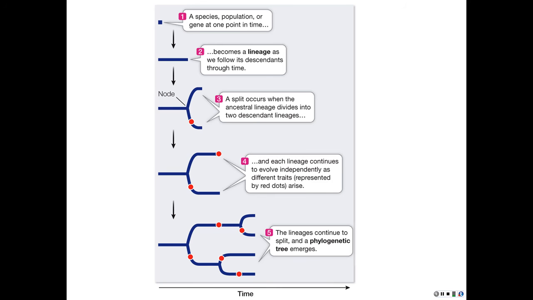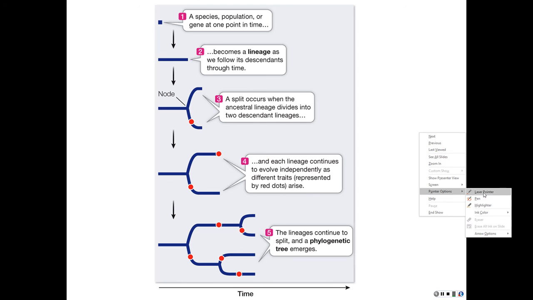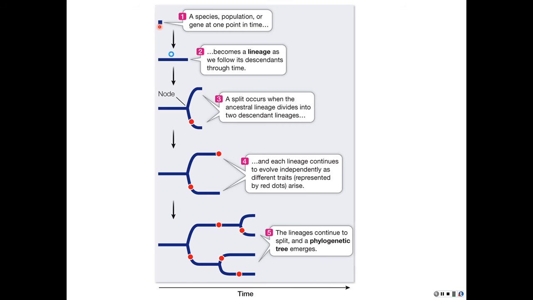So in a phylogenetic tree like the one in this picture, the line, right, that we see here represents a lineage. So if we see a box here, this little box represents either a species, a population, or a single point in time.